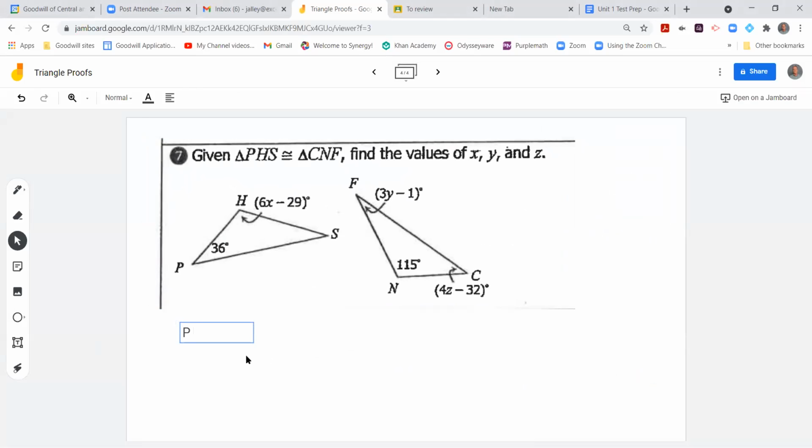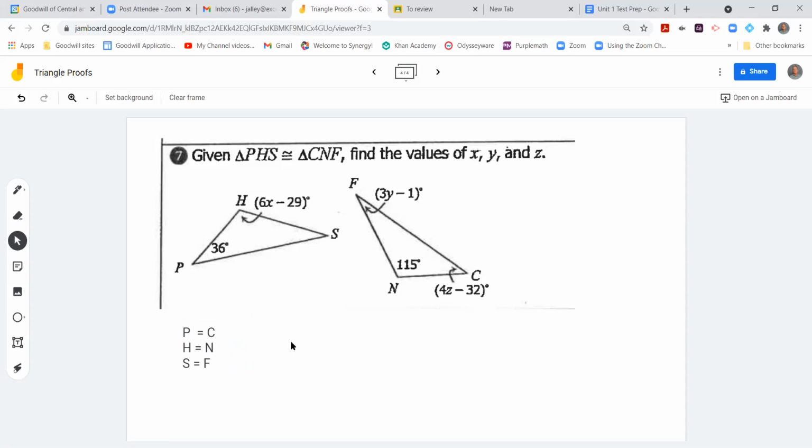P equals C, capitalize that. H equals N. S equals F. How do I know that? All I'm doing is reading the congruency statement. Triangle PHS is congruent to triangle CNF.